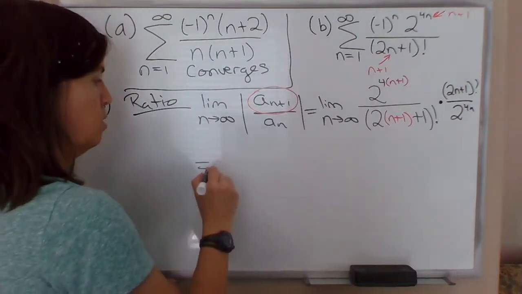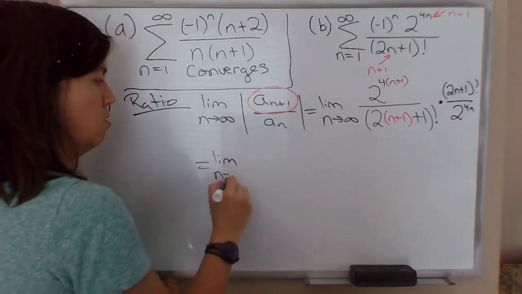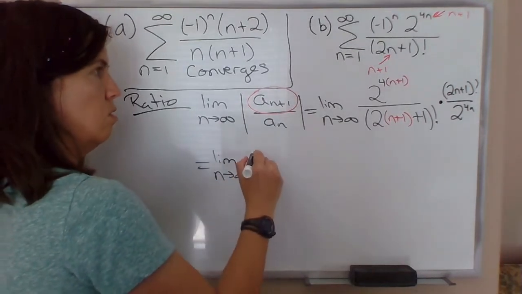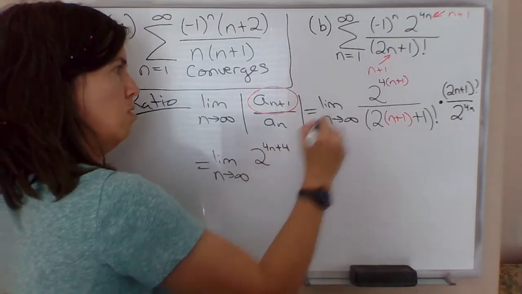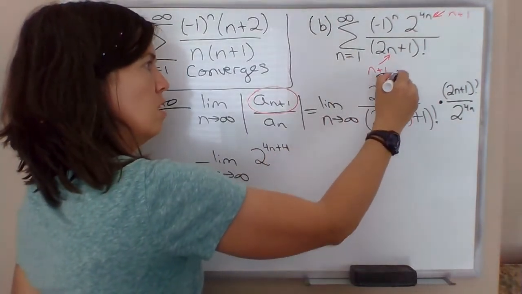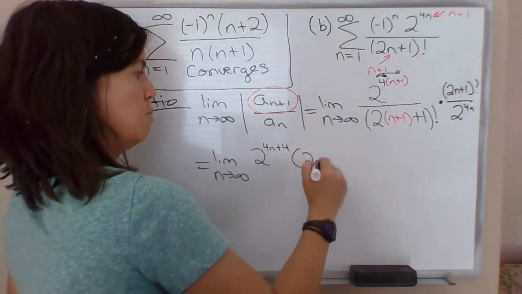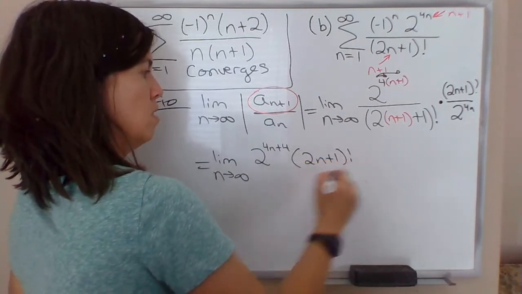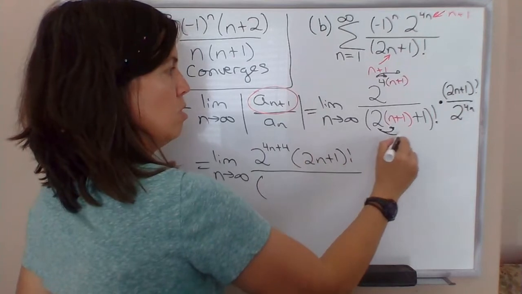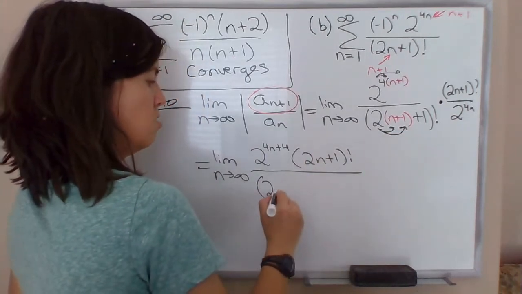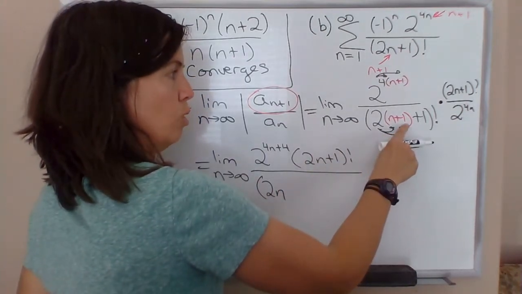Okay, so we need to write this out. So this is 2 to the 4n plus 4, I'm just distributing the 4 here, times (2n plus 1) factorial over, if I distribute the 2 here, 2n plus 2 plus 1.